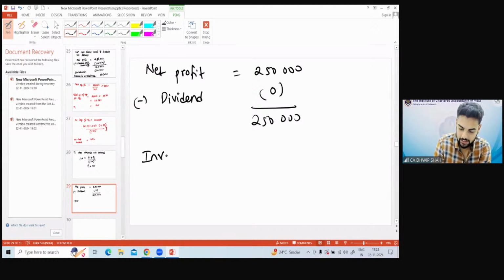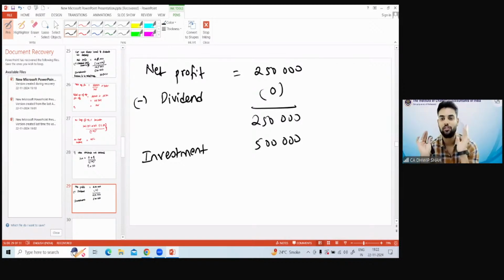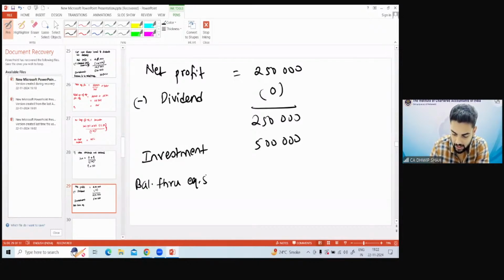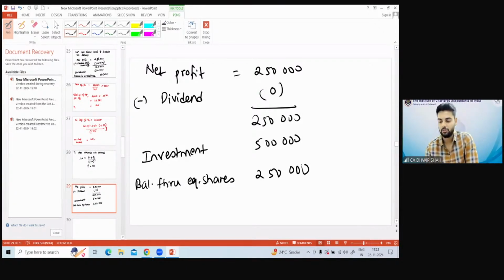Investment required is how much? Investment required is 5 lakh. So I just need to raise the balance 2.5 lakh through equity shares. 5 lakh investment is needed, 2.5 lakh is already there from net profit. So the balance is raised through equity, at a price of 110.